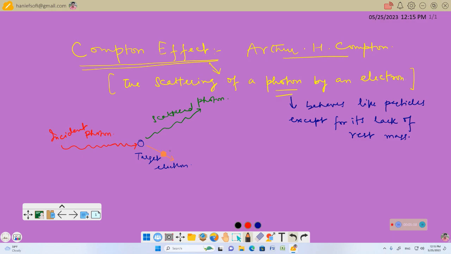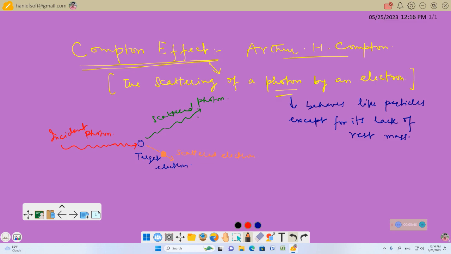So it is scattered electron, right? This is the process of Compton. There is a target electron. Now in comes incident photon. It hits the target electron. Electron gets scattered and the photon gets scattered, right?